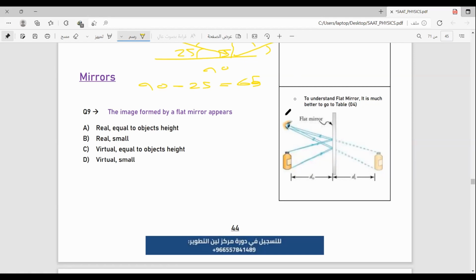Now what's happening here is that we have 2 sides here, this side and this side. This is the mirror, this is the object, and these are lights coming from the object.